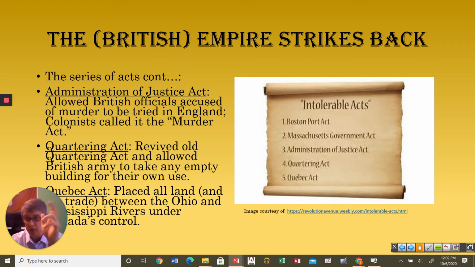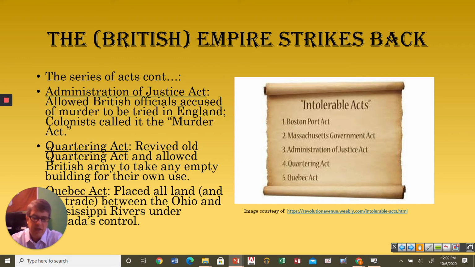I know, by the way, we're going to expect you to pay for it, but you can't use the land. All right, well, this Quebec Act, in effect, was taking that even one step further. They said, okay, not only are we not going to allow the 13 colonies to use any of this land we took from France after the French and Indian War, but just to sort of rub it in, we're going to go ahead and give it to Canada. We'll let Canada use it, but you 13 colonies, you stay out of it.